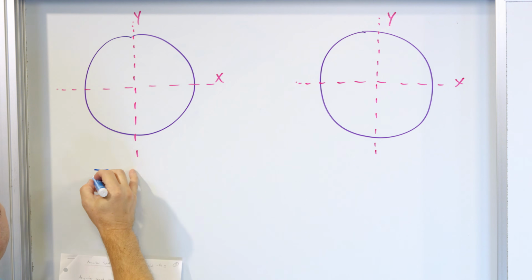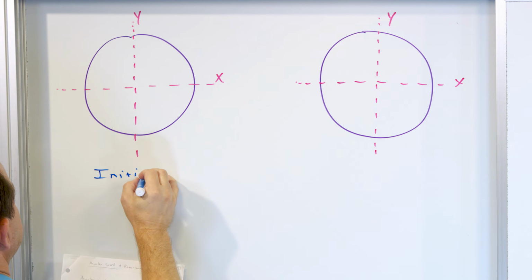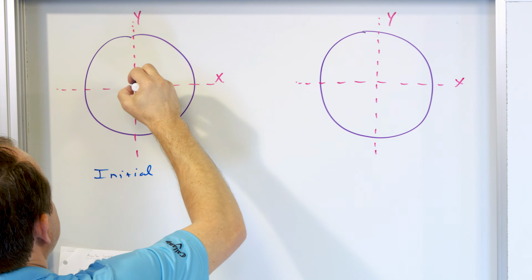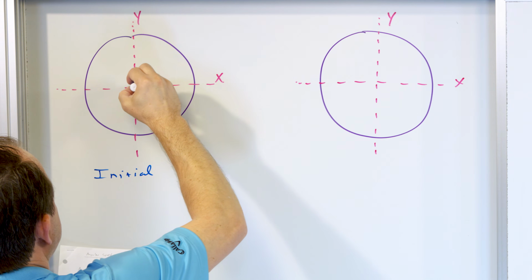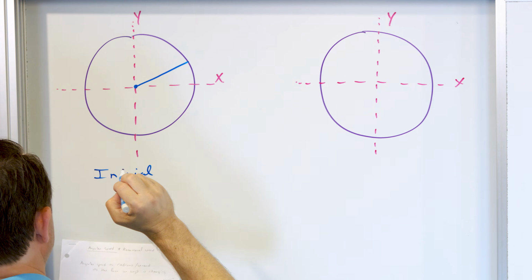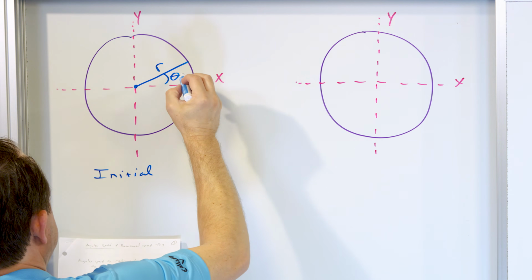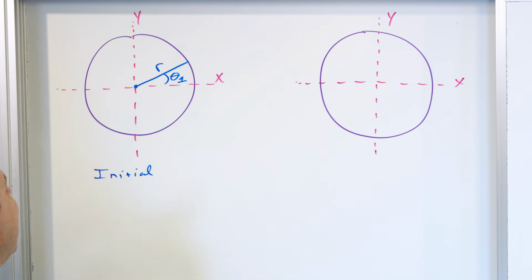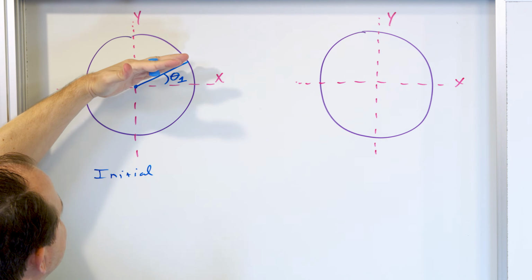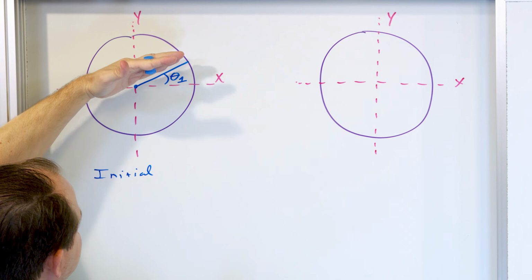So let's take a look at the initial position. So I'll call this initial. So what we have is from the center of the circle, as measured to the edge of the circle, at some radius r, and it makes some angle, I'll call it theta sub 1 with the x-axis. All I'm doing is saying this ray, we have to measure its position somehow.